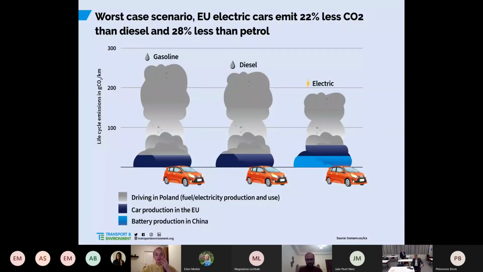This is the worst case scenario regarding car production and battery production. As you see, battery production in China, car production in the European Union, and the crucial question is the source of energy. Here we can see the fuel electricity production from Poland. You know the Polish situation regarding power plants. So even in this case, the electric cars emit 22% less CO2 globally.